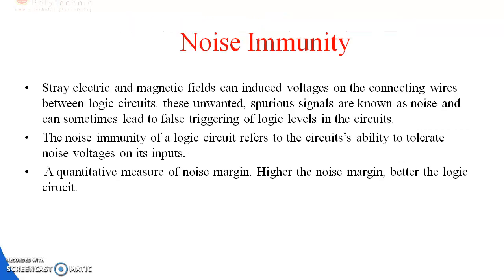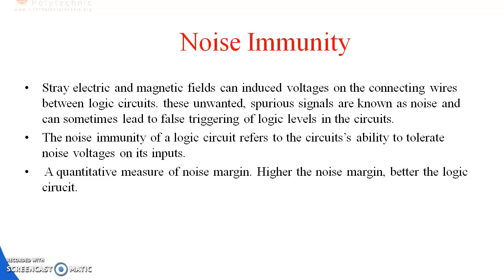Next, noise immunity. Stray electric and magnetic fields can induce voltages on the connecting wires between logic circuits. These unwanted spurious signals are known as noise and can sometimes lead to false triggering of logic levels in the circuit.